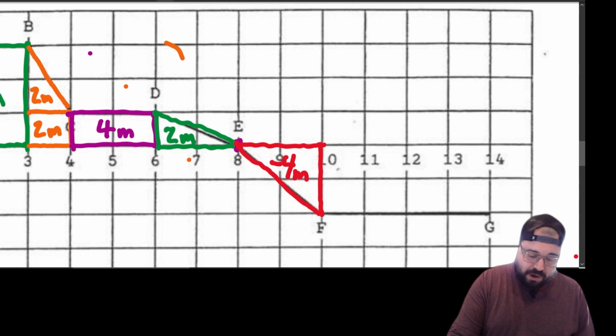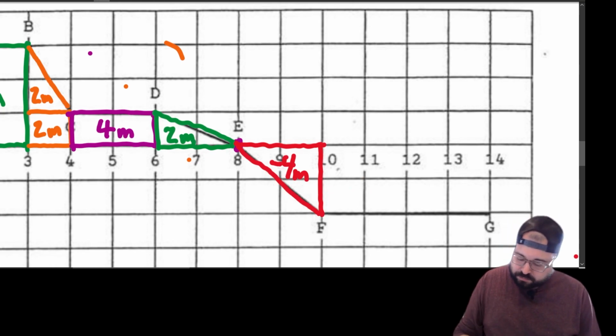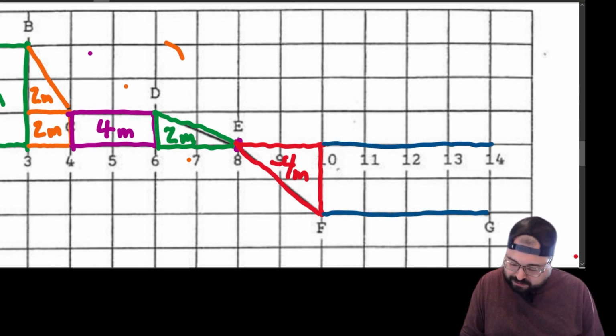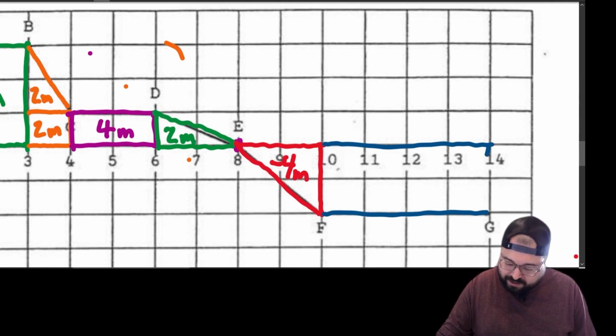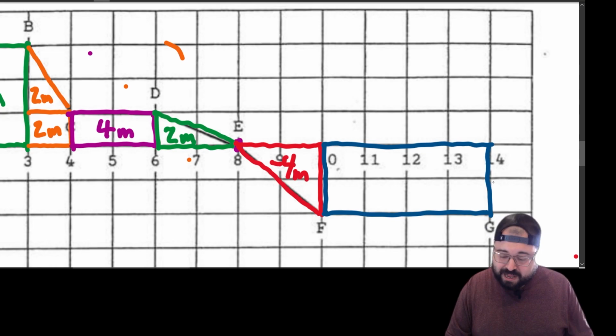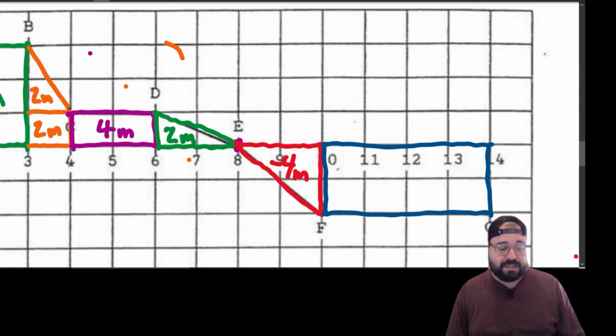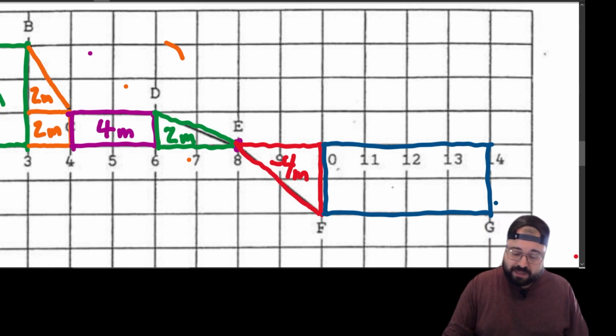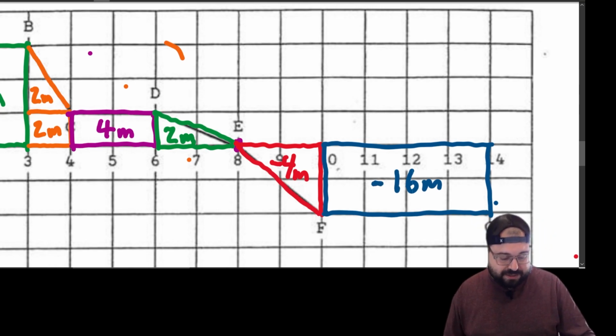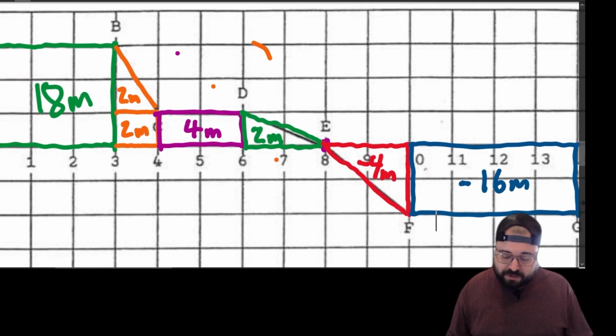And now we'll do our last section, which is F to G. There's the x-axis from F to G. And this is the shape that I've got to fill. Yet another rectangle. So this rectangle is, again, -4 meters per second by 4 seconds. So that is going to give us 16 meters, and it's going to be negative again because we're going in that opposite direction.